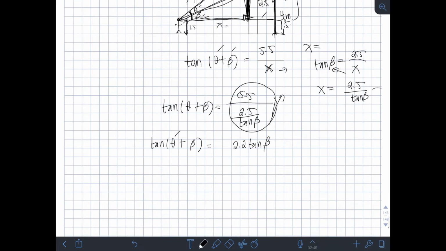So, gamit tayo ng trigo identity. Ano yung trigo identity natin for tan theta plus beta? Sum of angle for tangent. So, tan theta plus tan beta divided by 1 minus tan theta times tan beta, right? Equal 2.2 tan beta.